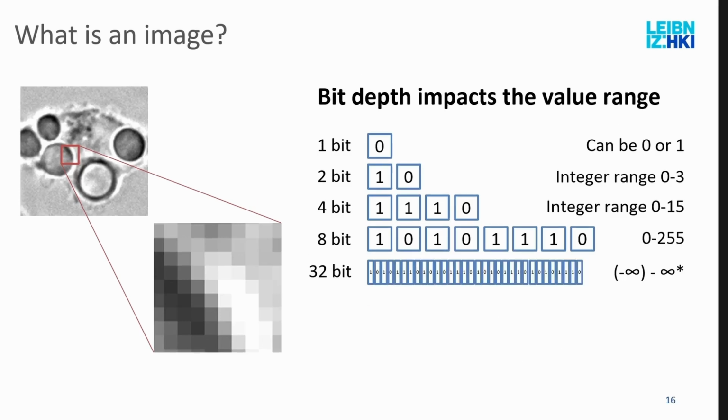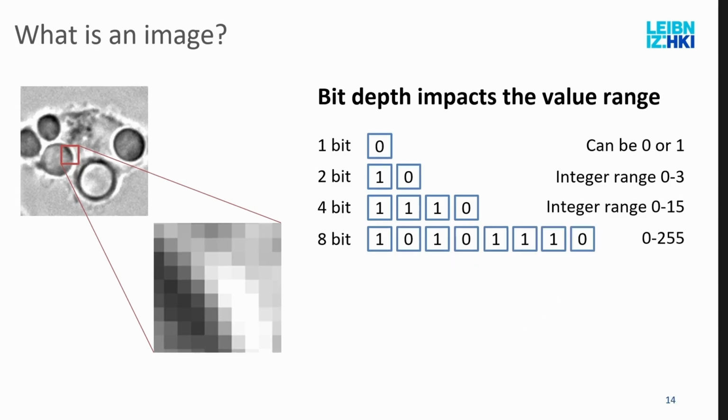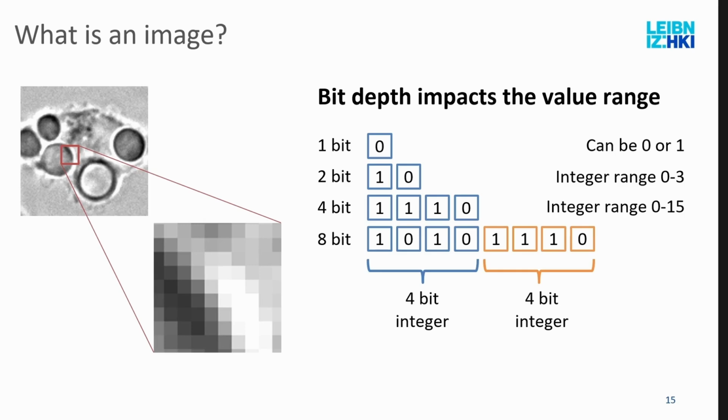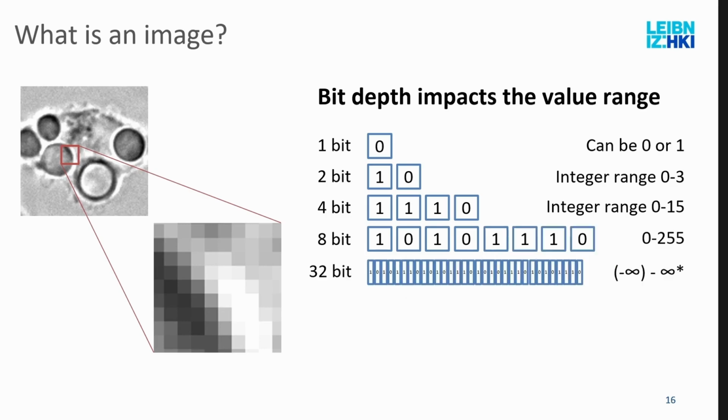Like in the slides before, we can say this is either one integer number from 0 to 255, or we can say these are actually two numbers stored in the same space, reinterpreted, but then of course we are size limited, we can only store from 0 to 15 in each of these numbers.